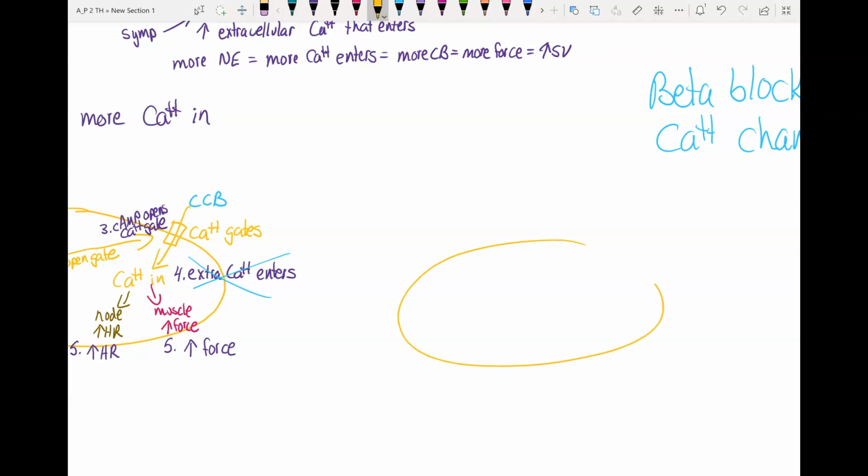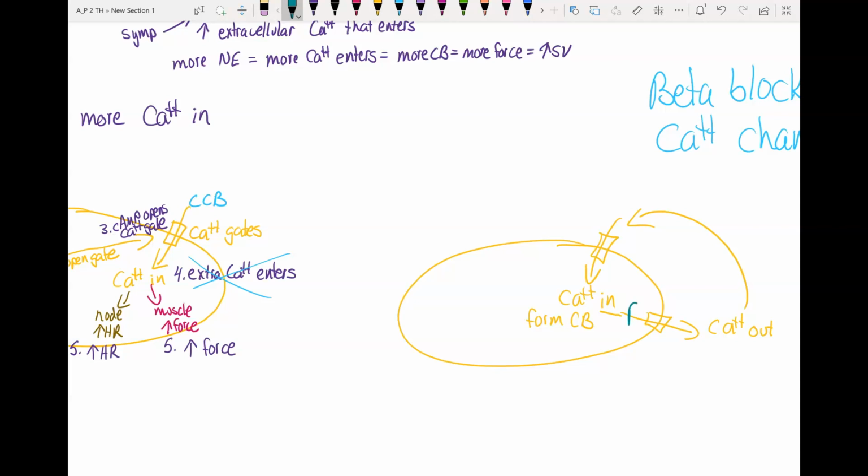You have calcium comes in and you get some cross bridges. Then after the heart beats, it goes back out. And then it just comes back in the next heartbeat. So it's constantly cycling back and forth in and out.